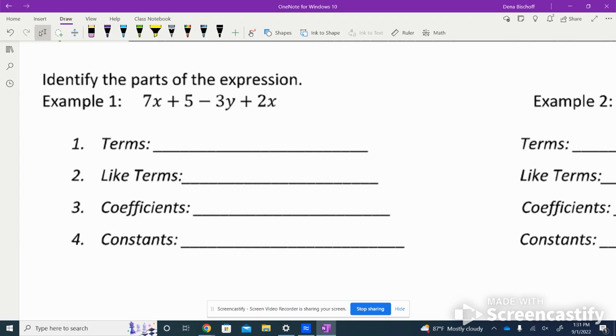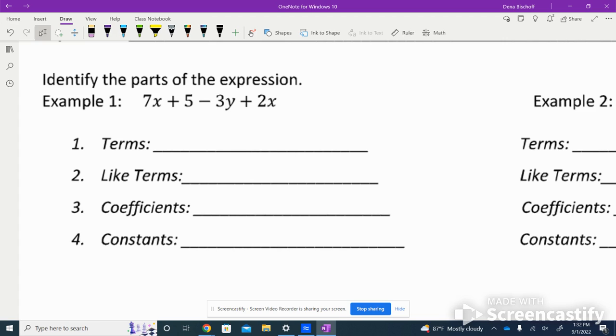This is a term. It's a number, and terms always include the sign in front of it. So that's the number 5. This is a term. What is this number?